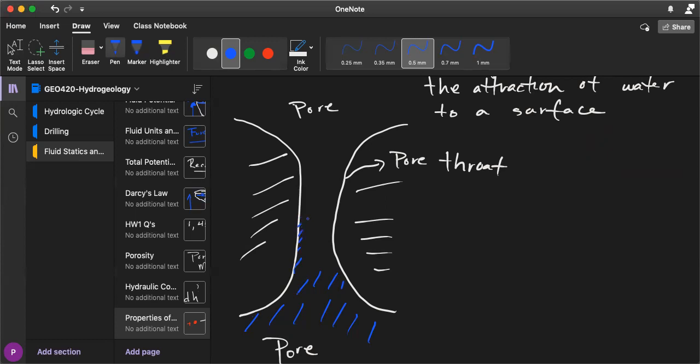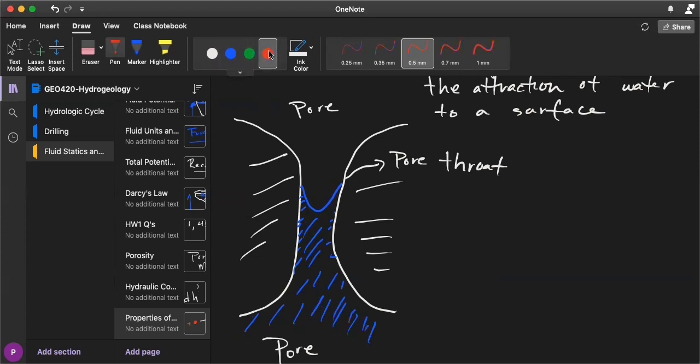They keep being attracted to the surface, and as they climb, other bits of water are attracted to them. And so you end up pulling water up the sides of the pore throat into the pore throat from the pore.